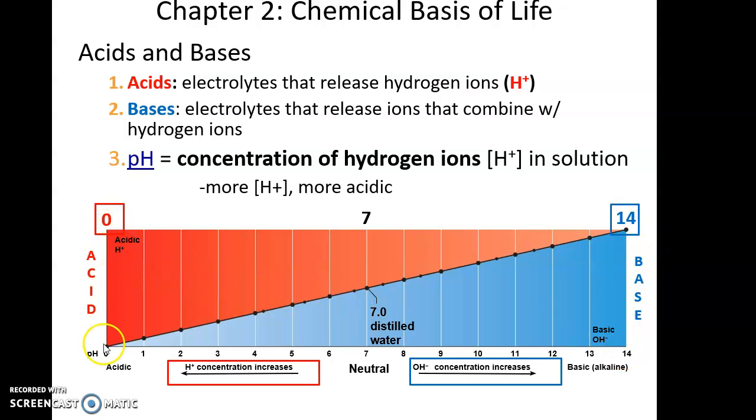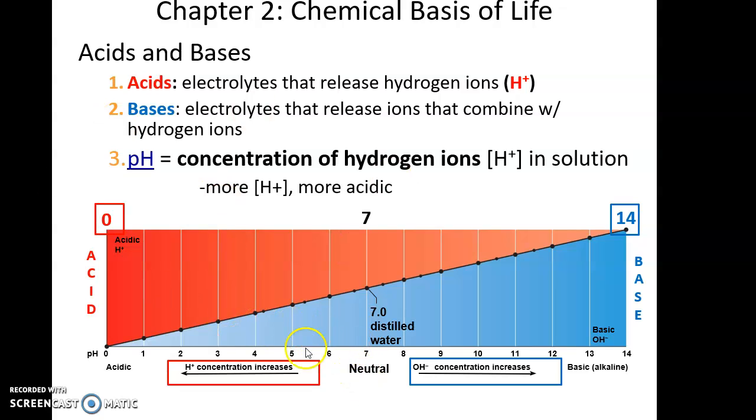So pH 0 is pretty much all hydrogen ions. pH 14 has no hydrogen ions. And then it turns out that pH 7 is viewed as neutral, as being neither acidic nor basic. And that is the pH of distilled water, pure H2O.